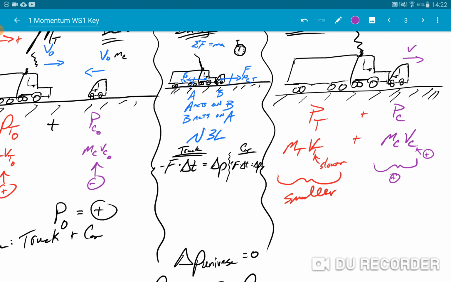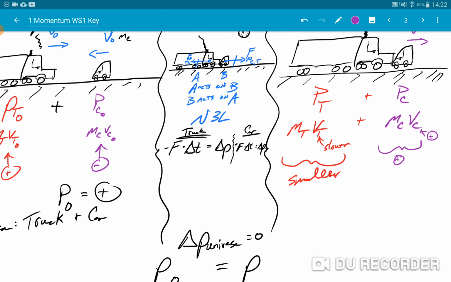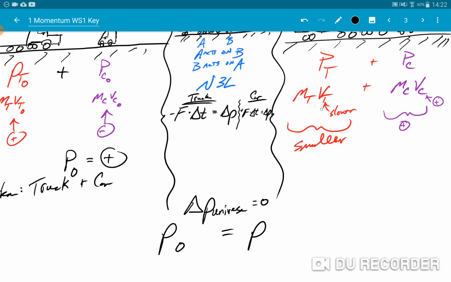And notice that the physics, the momentum, actually clearly shows that that must be true. Without doing any numbers, we can see that this one gets smaller, and so this one must be that difference. It'll be that positive bit, but that difference from the original total momentum.